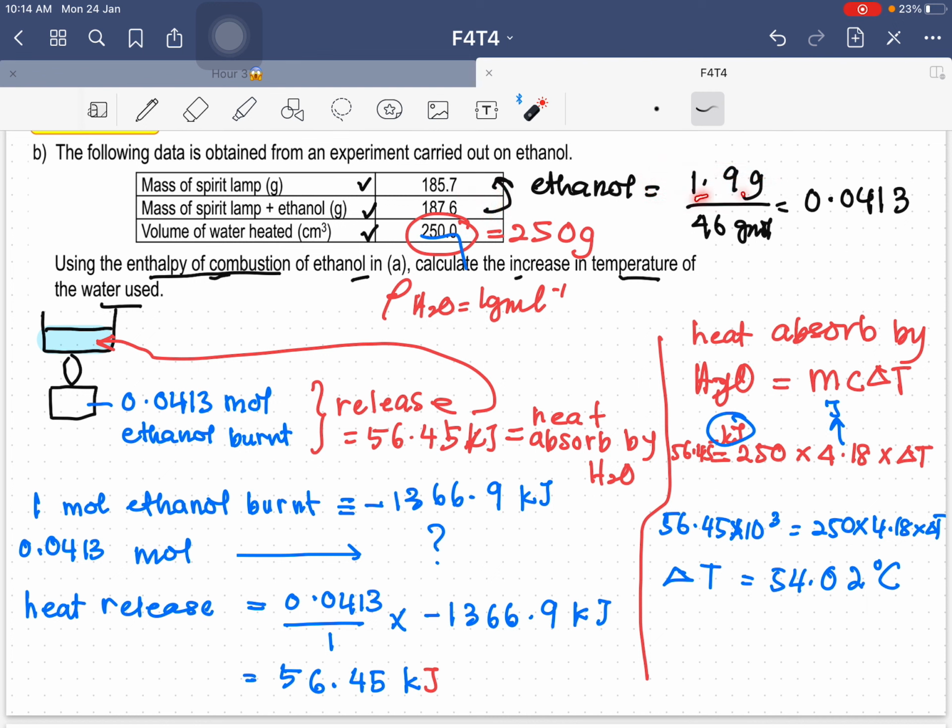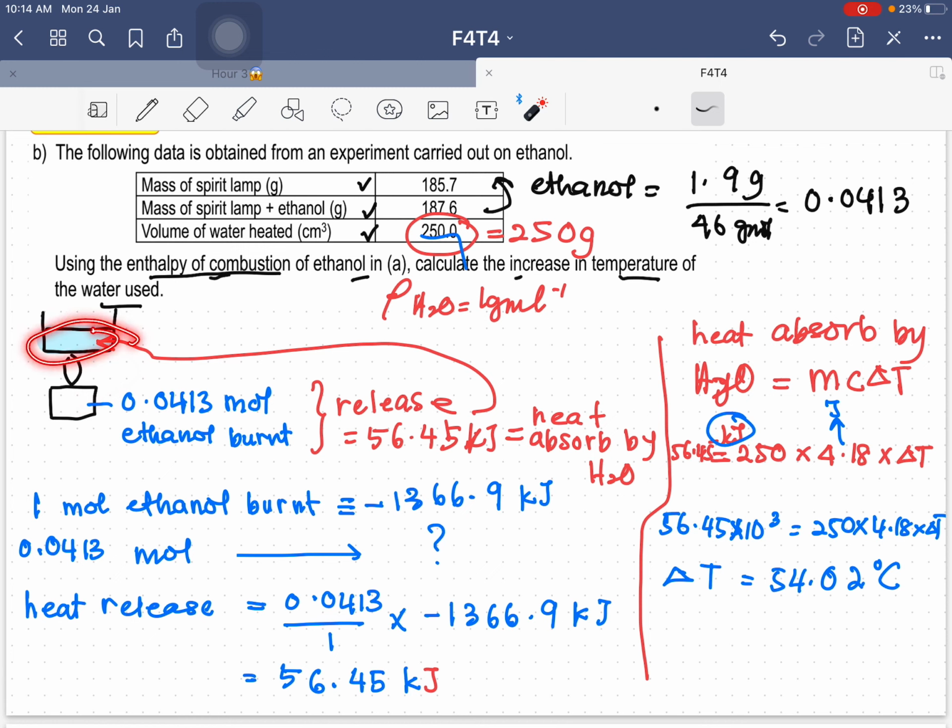So 1.9 gram of ethanol burned is equal to 0.0413 mole of ethanol burned. The heat released by the burning of this ethanol will be released to the water, and the water absorbs the heat released. So the question asks us to calculate the increase in temperature for the water used.